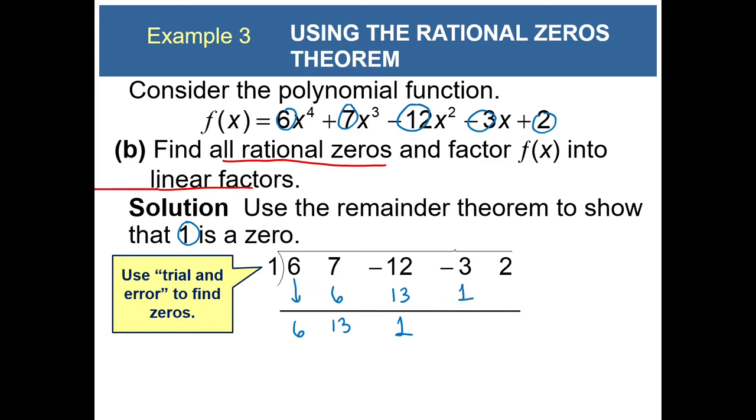And -3 plus 1 is -2. 1 times -2 is -2. And this adds up to 0. So our remainder is 0.